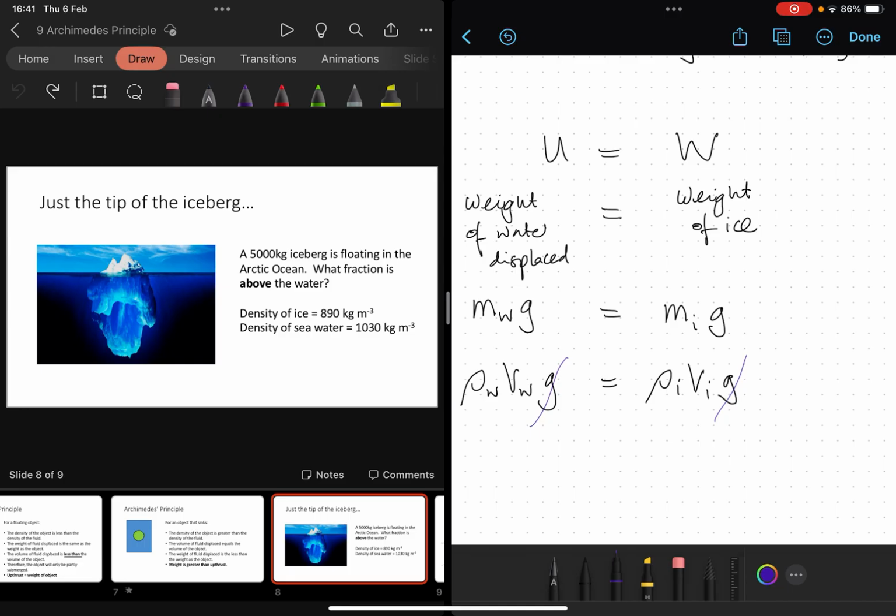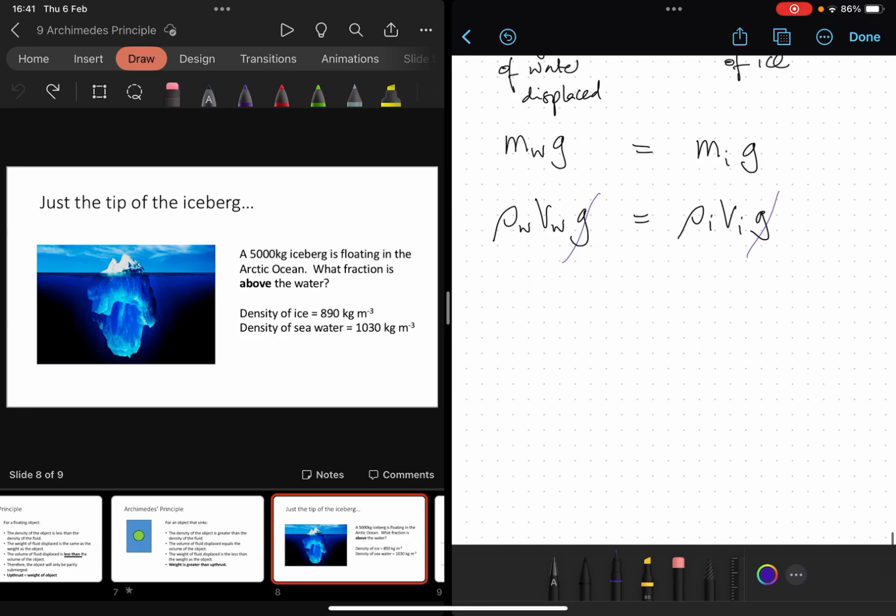Okay, so the volume of the ice is the whole of the iceberg, but the volume of the water that we displace is just the bit that is underneath. So if I rearrange this, I can work out the volume of the water to be the density of ice divided by the density of water multiplied by the volume of ice.